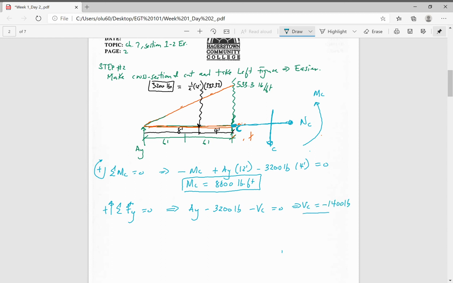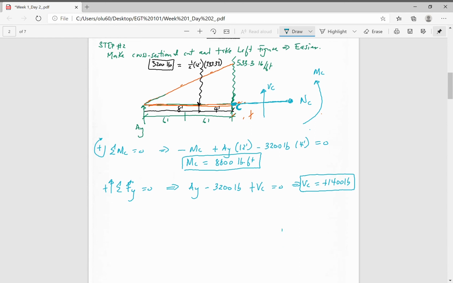All this typically means is that the direction I chose should be the opposite direction. So in actuality, my shear force should be like this. That's all that means, and that will go to a plus.